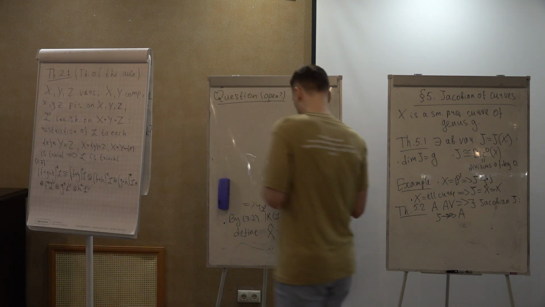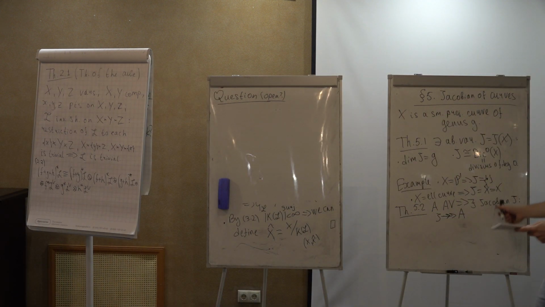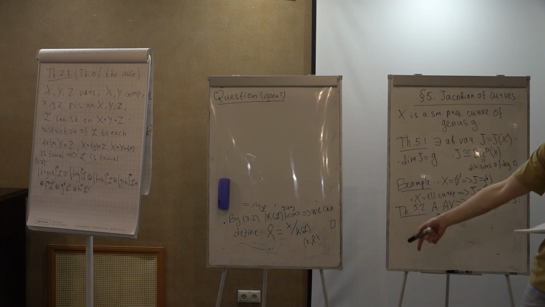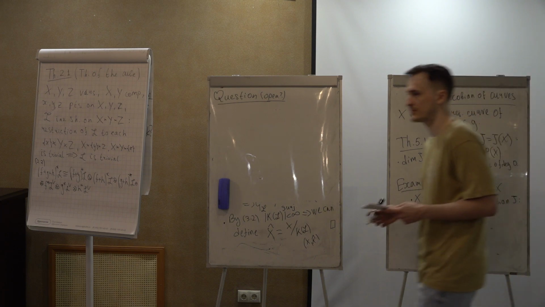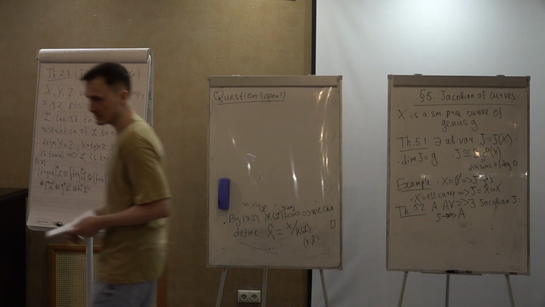And I think there is an open question. Let me start with an abelian variety. I can surject a Jacobian onto it, then I can find a kernel, then I can find its identity component, then I can also surject a Jacobian onto it, and I can go on and on.